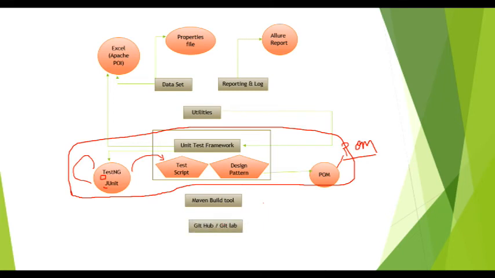Another component is Git. Till now we have discussed how to write the script using our unit test framework, how to use the utilities file, how to handle our test data by using Apache POI, and how to extract the reports and logs after execution of our script.